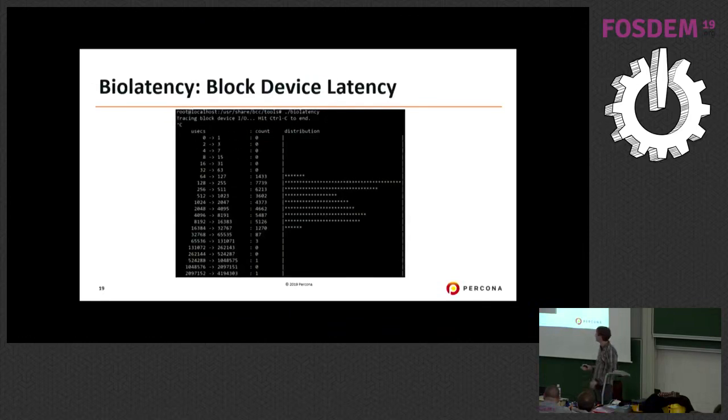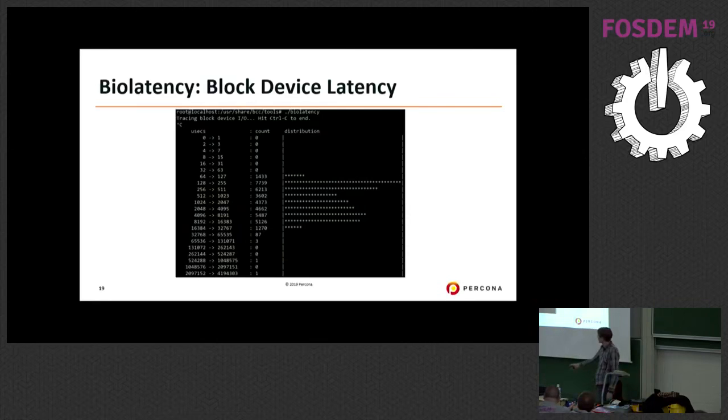Another cool tool is for understanding your I/O latency, right? Especially with modern storage in the cloud and so on and so forth, you often have to deal not with the averages, but with the outliers. And this tool pretty much allows us to understand the latency of your block device, right? In this case, it's quite natural, we're not having a lot of outliers, but this is actually interesting.